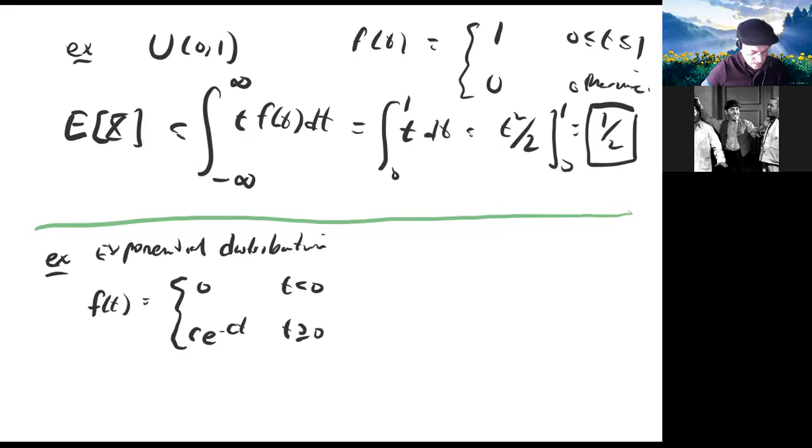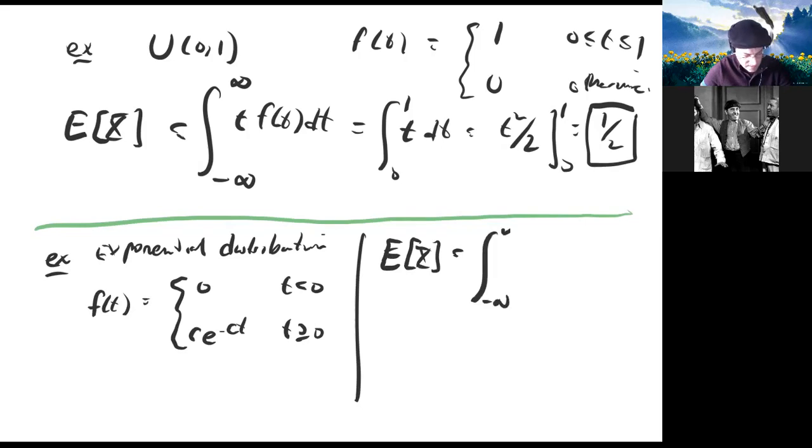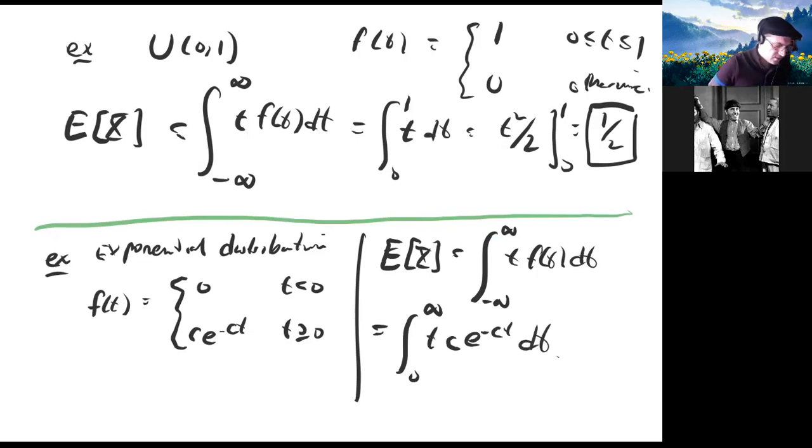So I have to compute the expected value of an exponential random variable, which is the integral from minus infinity to infinity of t f of t dt, the same as the integral from 0 to infinity of t c e to the minus ct dt. So we're going to have to compute this integral. And this is going to be an integration by parts situation. So let me make some space by clearing the slide.